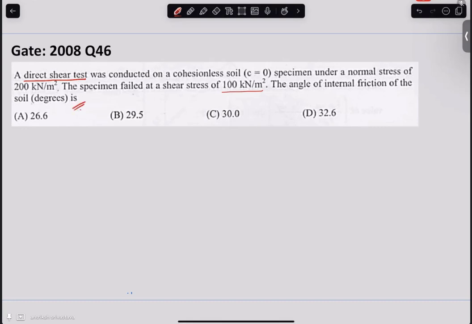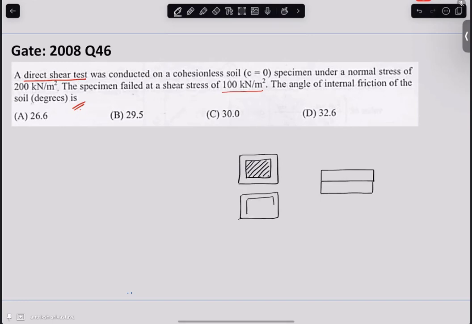Now, let's see how we did the direct shear test. We will have some metal kind of box, and let's say this is the top view. You remember that inside this there will be some hollow space where we will fill our sand. Similarly we will have a top section, and then we will put these on top of each other and we'll apply force.